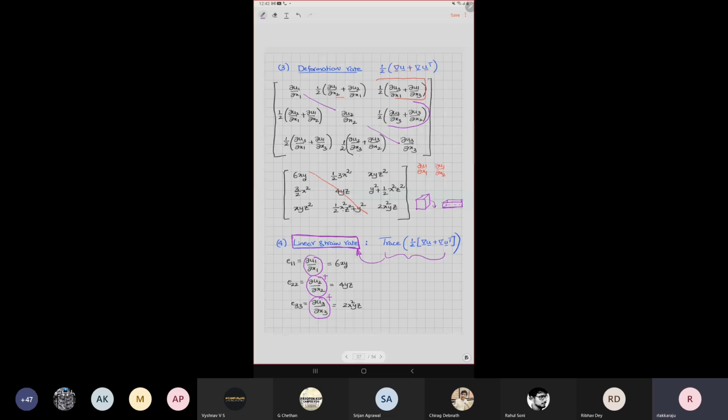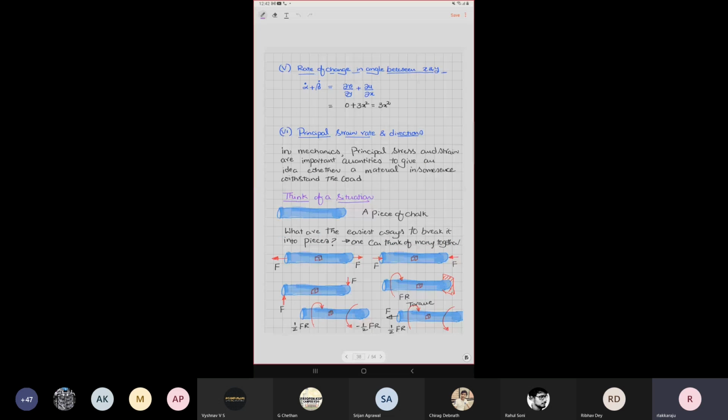Now, if I would like to calculate the rate of change of angle between X and Y, you take any fluid element which is governed by whatever U field we have learned.